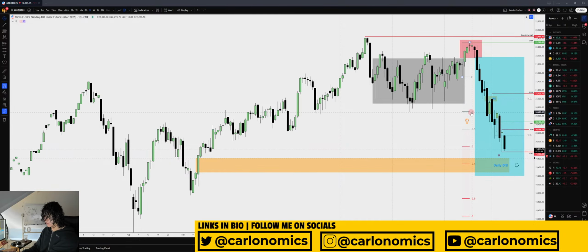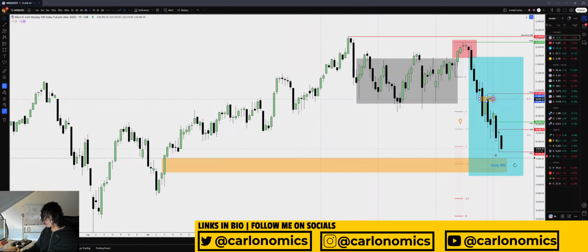What do we have here? -1, -1.5. What do you anticipate out of this zone? An imbalance to be made. We touch -1, we retrace into the imbalance, we offer fair value to the external low and to -2 standard deviation. -2.5 aligns with this daily imbalance.